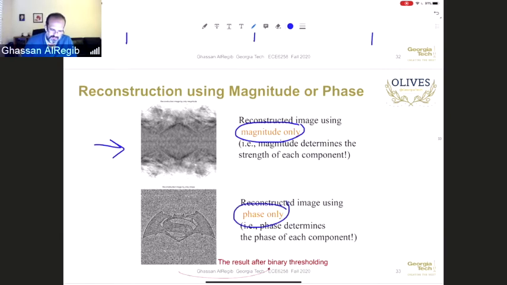If you get the phase only and reconstruct the image, meaning I assume the amplitudes are all equal to 1, and then apply the inverse DFT, you get this image on the left-hand side. Then you do some thresholding at the end. And here you get these edge components because they're captured by the phase more than by the amplitude.